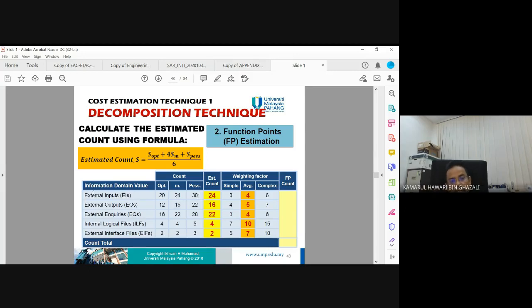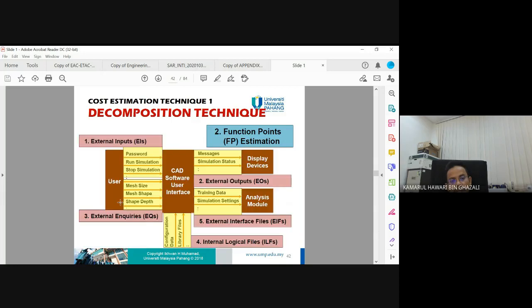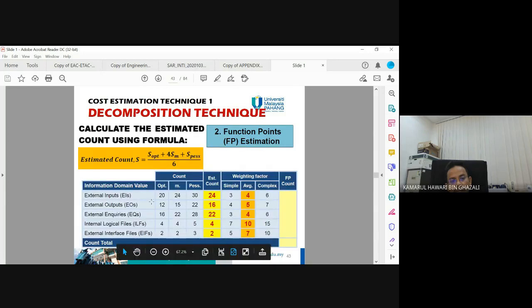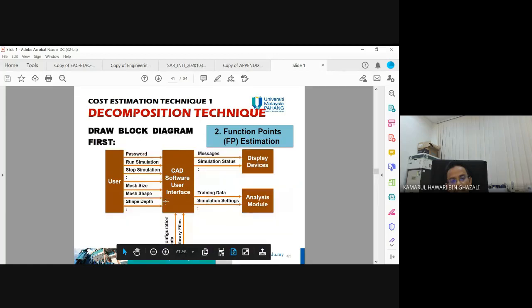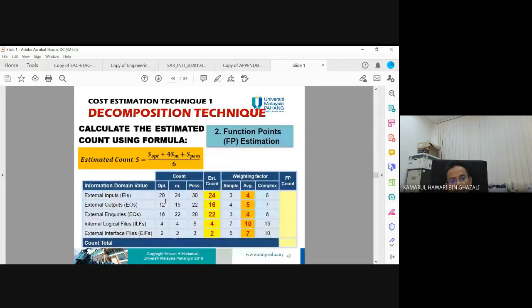Okay, we are using the same formula as S opt plus 4 S M plus S pess divided by 6. And this is the information: external input, external output. Okay, so this is the OPT. This is M. This is PESS.